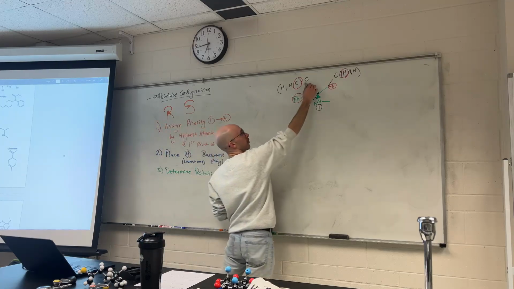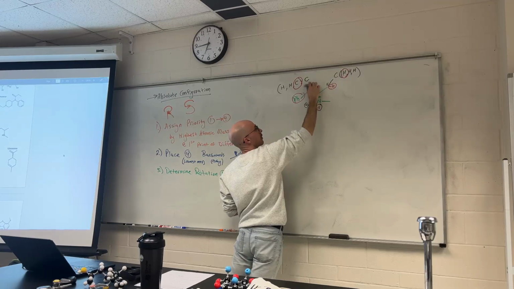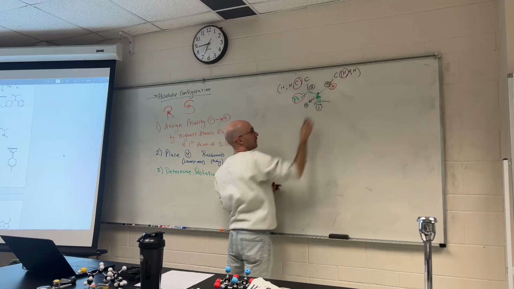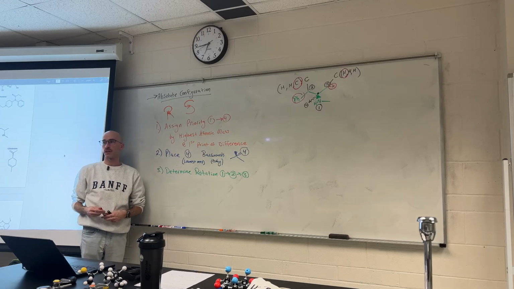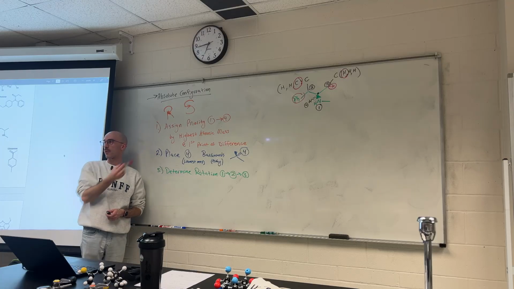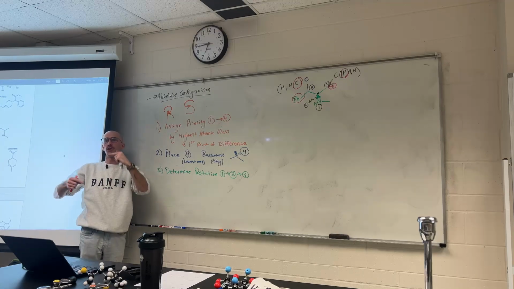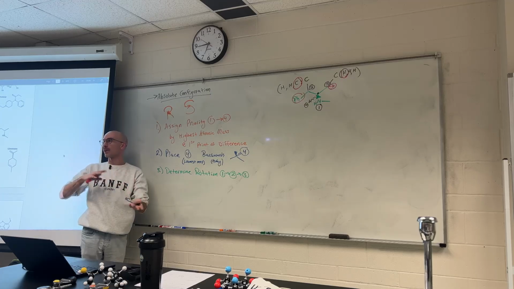So here's priority number 2 on the left. Priority number 3 on the right. Assign priority 1 to 2 to 3. Place the lowest priority back. Conveniently, it's already back. If you need to, you could rotate it into a new conformation. You could flip your molecule over.